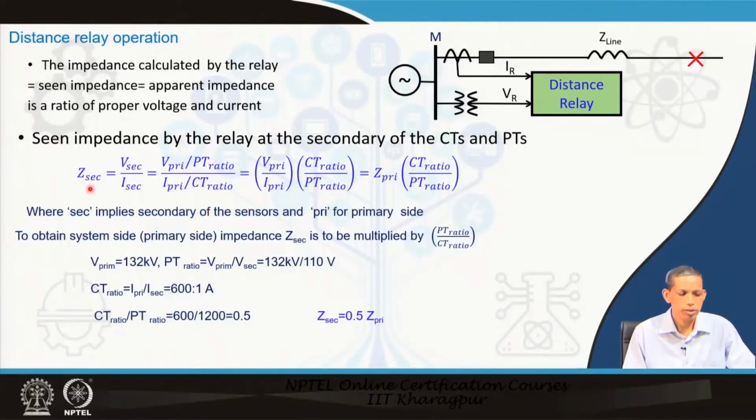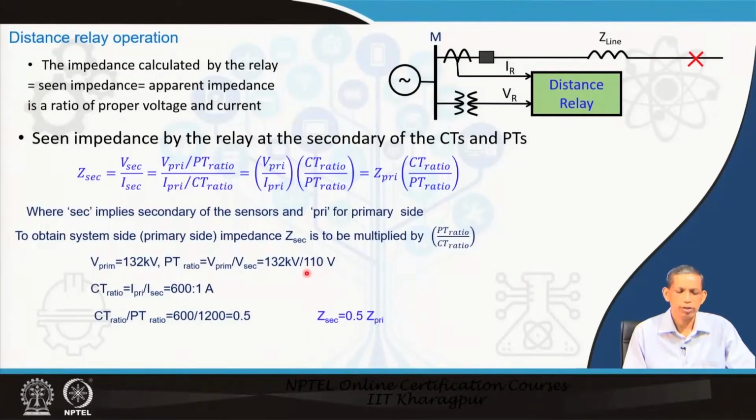So, we see from this that the secondary impedance seen by the relay is related to the primary or network side impedance in actual, into this ratio, CT ratio by PT ratio. Now, let us have a small example of how these are related. Let us say this is a 132 kV system and a PT of 132 by 110 volt.